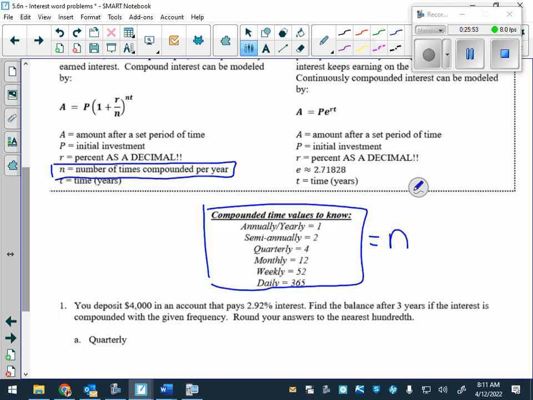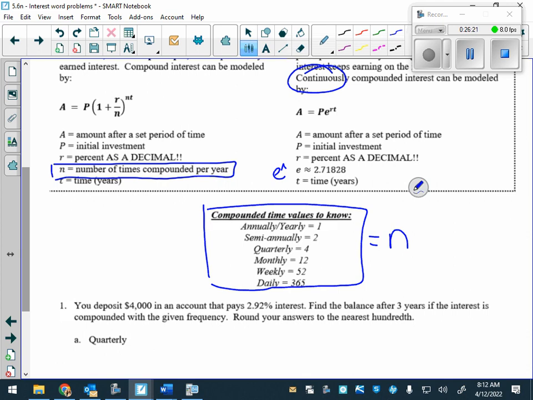There is another e button as well, but second ln gives us e to whatever exponent we're looking at. And that's what we want. So, the keyword for this formula is continuously. That's going to tell the difference between the two.